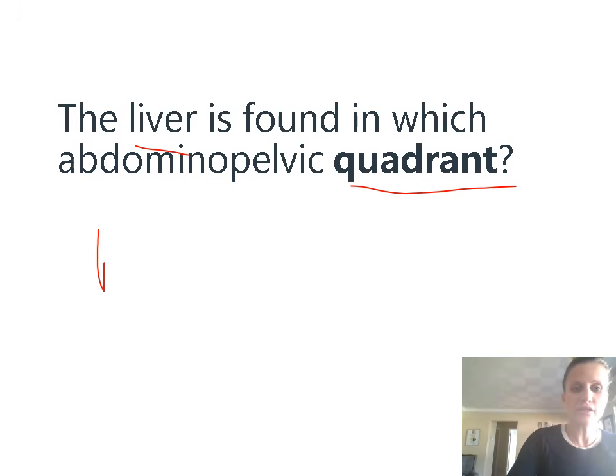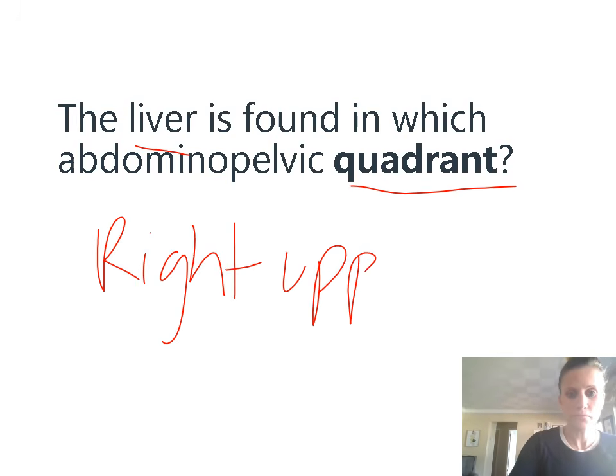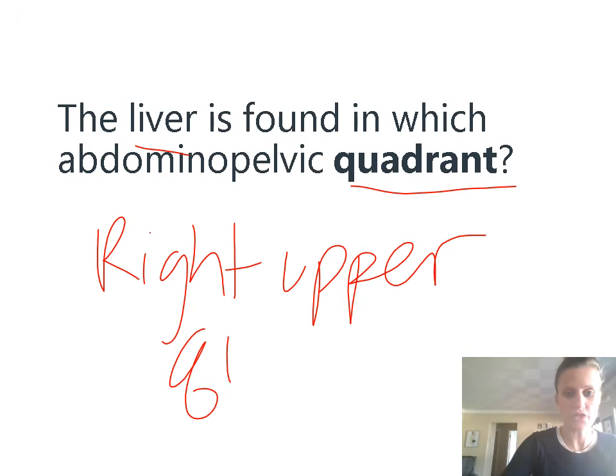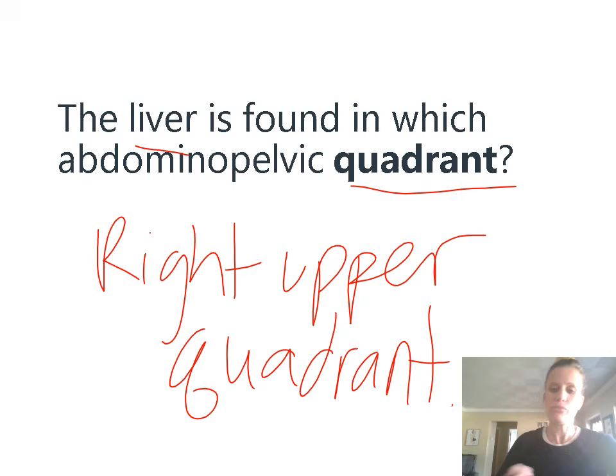So the liver is in the right upper quadrant. And the reason that's important is when somebody has severe hepatitis or some sort of liver failure, there can be swelling and pain in the right upper quadrant, because that's where the liver is.